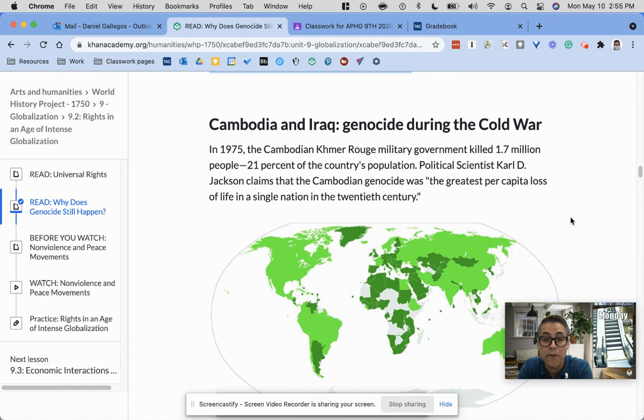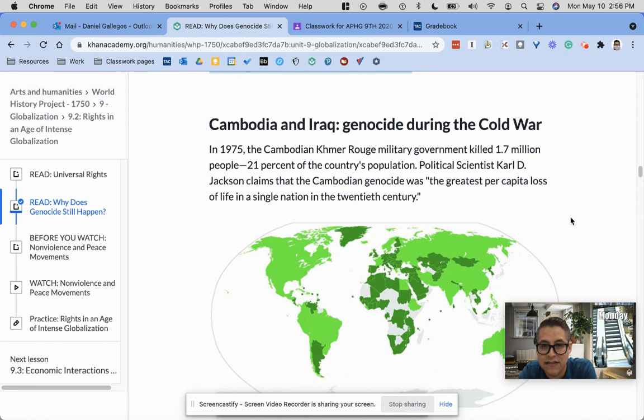In 1975, the Cambodian Khmer Rouge, the military government, killed 1.7 million people, 21% of the country's population. Boom, right out of the gate, the authors give you a really compelling topic sentence. They tell you that in 1975, this military government in Cambodia killed 1.7 million people.